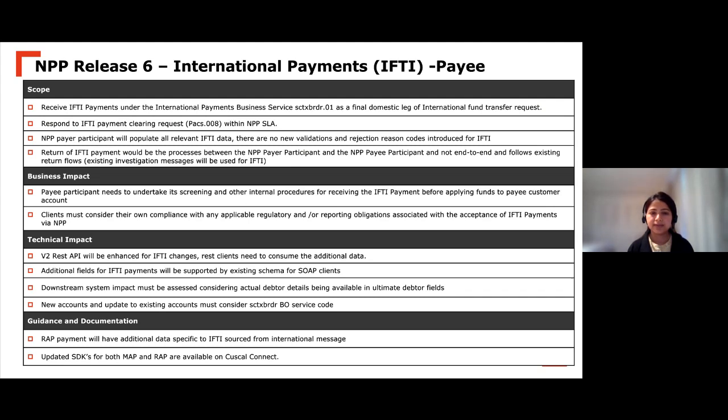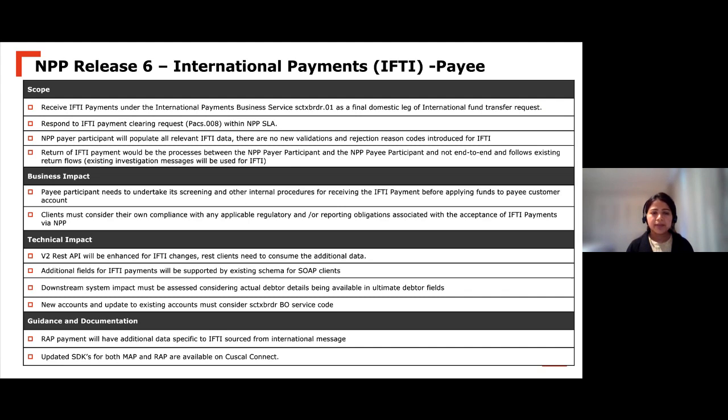So once the payment is accepted, before crediting the funds to the creditor, this screening needs to be considered. Clients also need to consider their own compliance and the applicable regulatory or reporting obligations, like AUSTRAC reporting, with the acceptance of the FT payment via NPP.